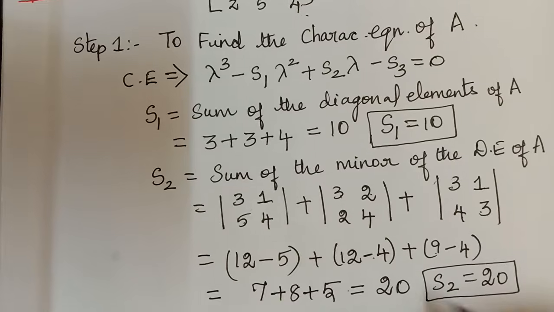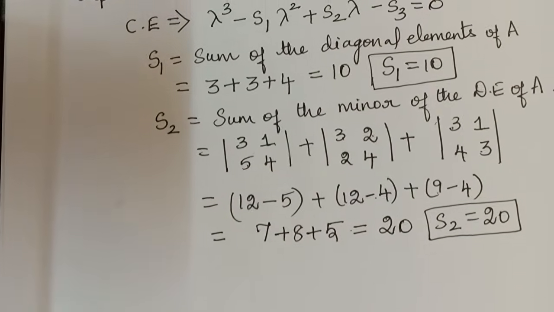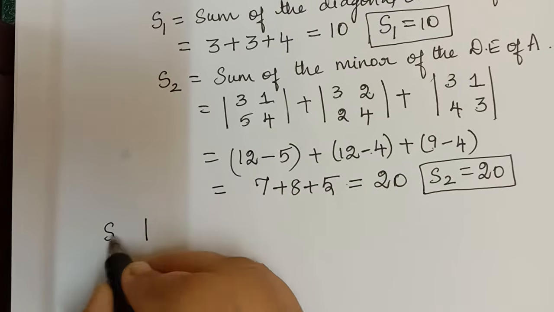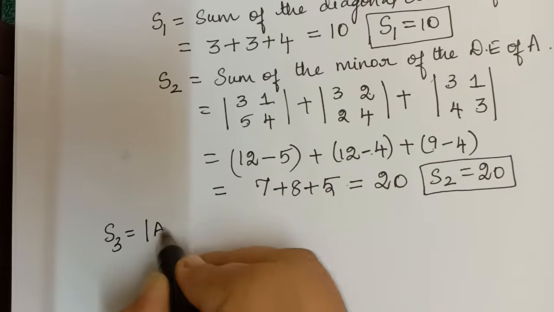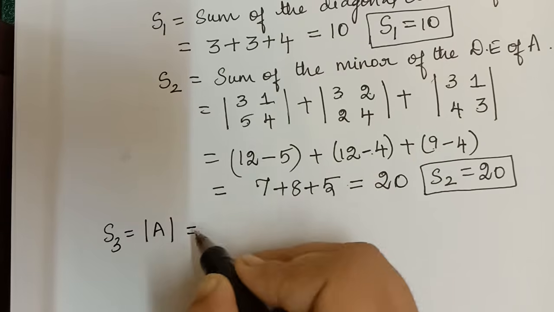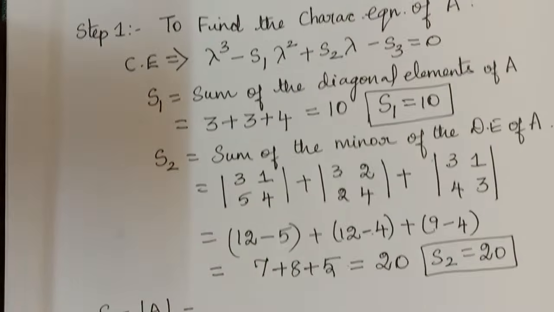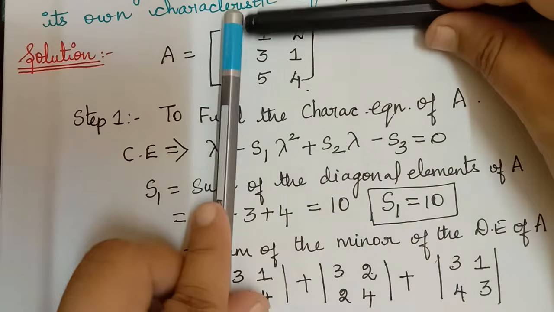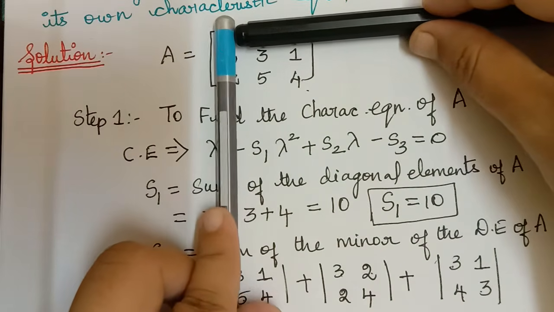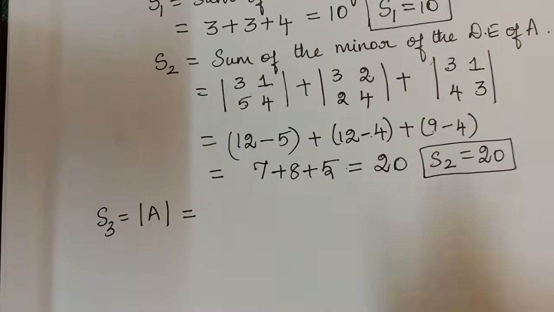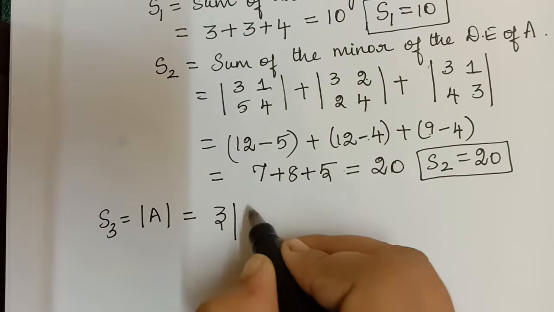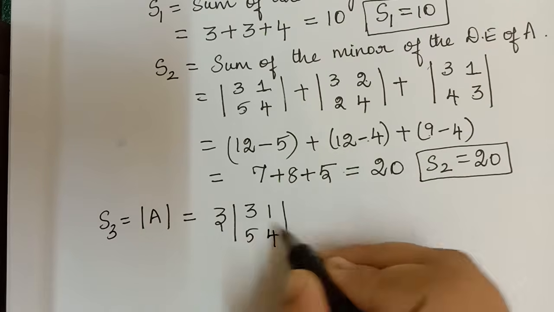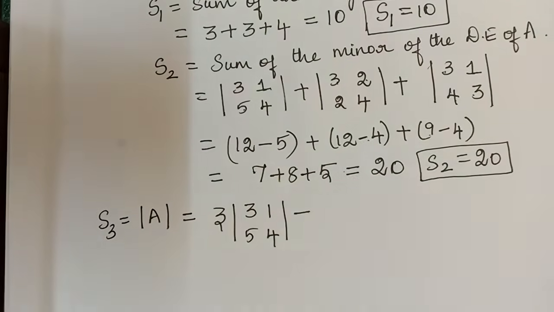Now we have to find S3. S3 is the determinant of the matrix A. So let's find the determinant of A. When we block the row and column of the first element, 3, it will be 3 multiplied with the determinant of 3, 1, 5, 4. And then first we have written plus, so next will be minus.